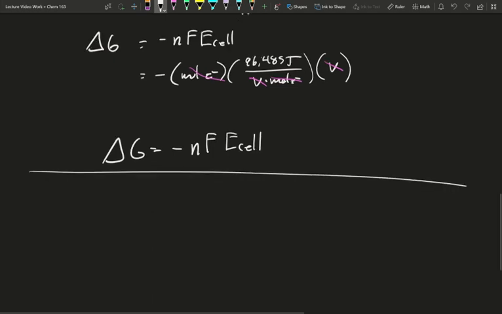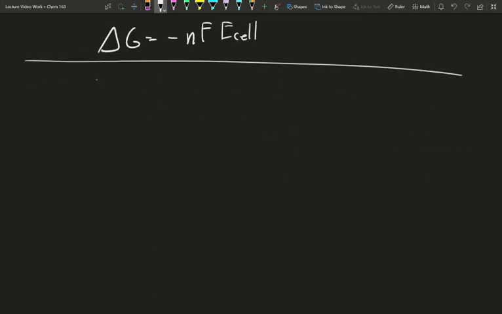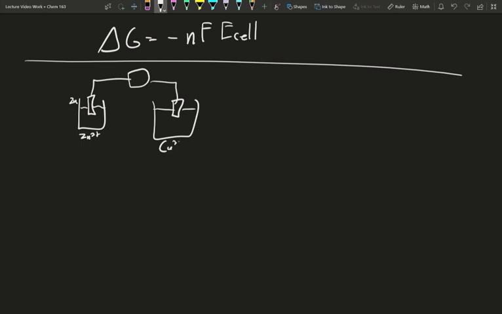If we want to put this into an example here, let's think back to our zinc copper cell. I've got a cell, it's got a bar of zinc and some zinc solution. So there's zinc 2 plus and zinc solid. Goes through our device, whatever it might be. We've got another bar over here, there's copper 2 plus and copper solid.